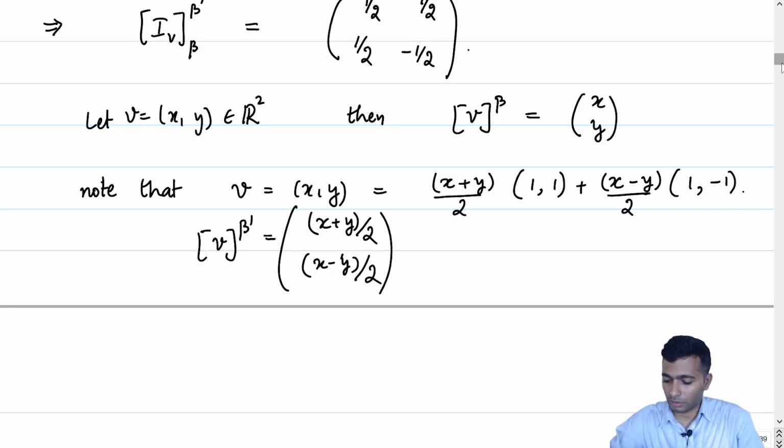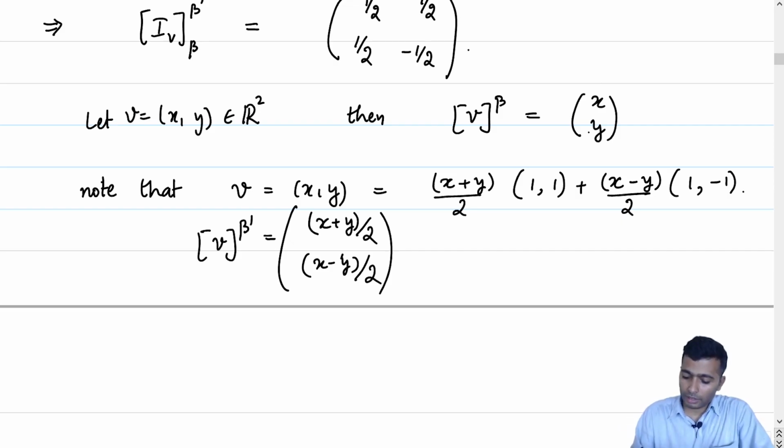So one is (x, y). So if say v is (2, 3), v beta will be (2, 3), and if v is (2, 3), then v beta prime will be (5/2, -1/2).